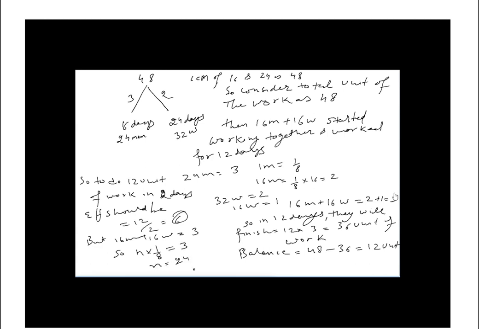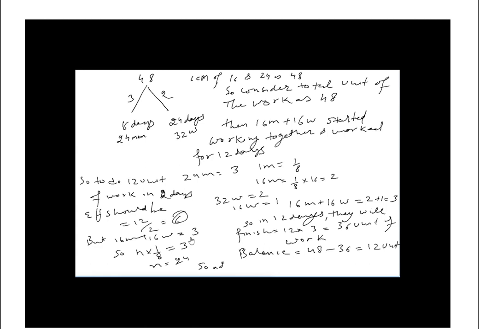So the remaining 3 efficiency we have to increase, because to do this work within 2 days, with 12 units of work left, the work should be done with an efficiency of 6, 12 by 2 is 6. But the present 16 men plus 16 women have an efficiency of 3 only.